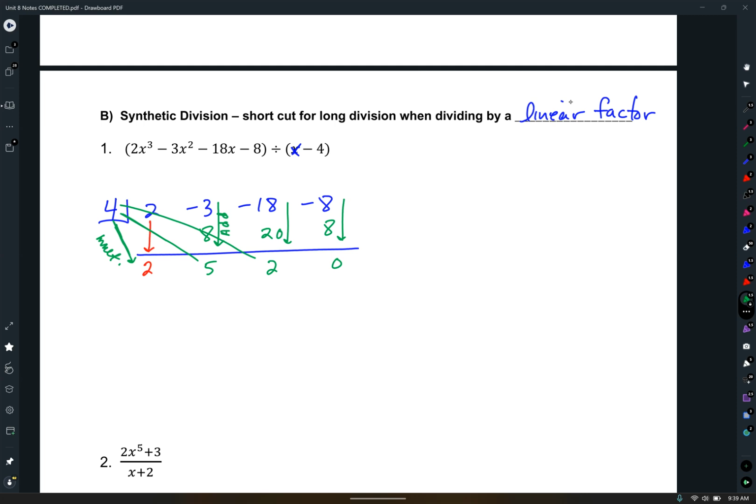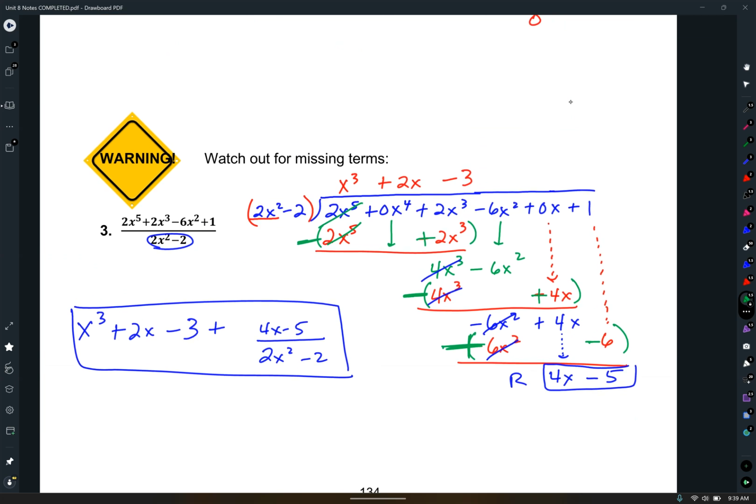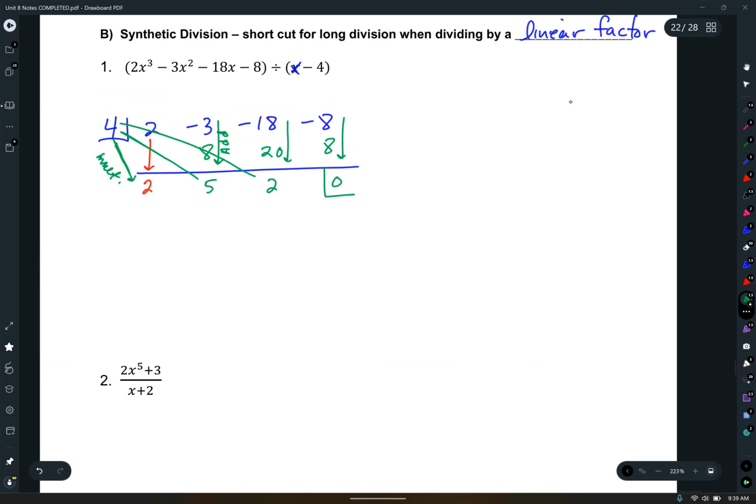Well, that last number is always your remainder. So if the remainder is 0, that means it worked out nice and neat. Now you might say, does that mean your answer is 252? No. Remember, when there's x's, the answer has x's in them. Well, this answer has the x's, they're just not written down.